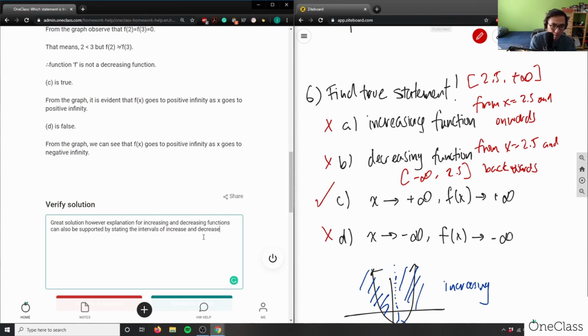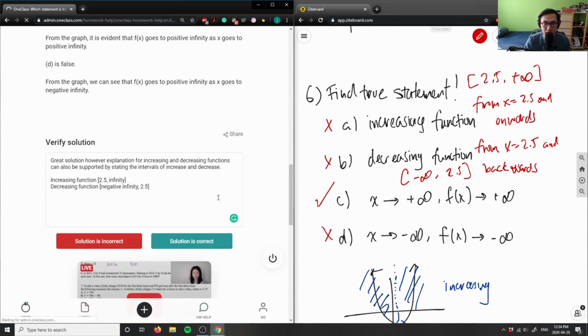So you can say that the increasing function is, in square brackets, 2.5 to infinity, and the decreasing function is from negative infinity to 2.5. So this here would support the argument.